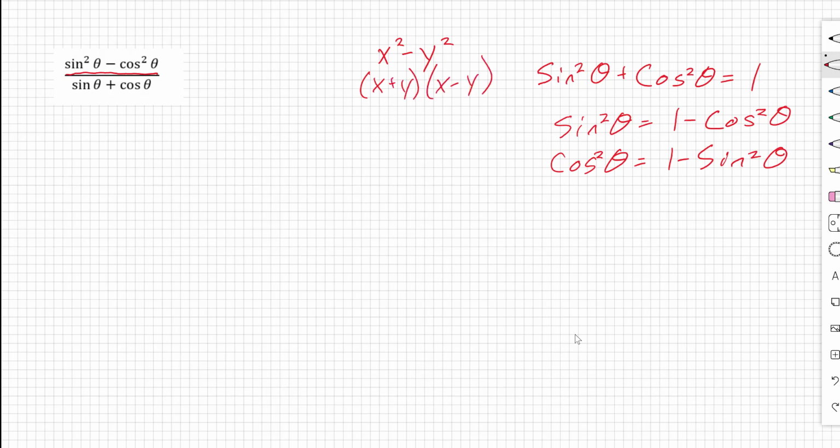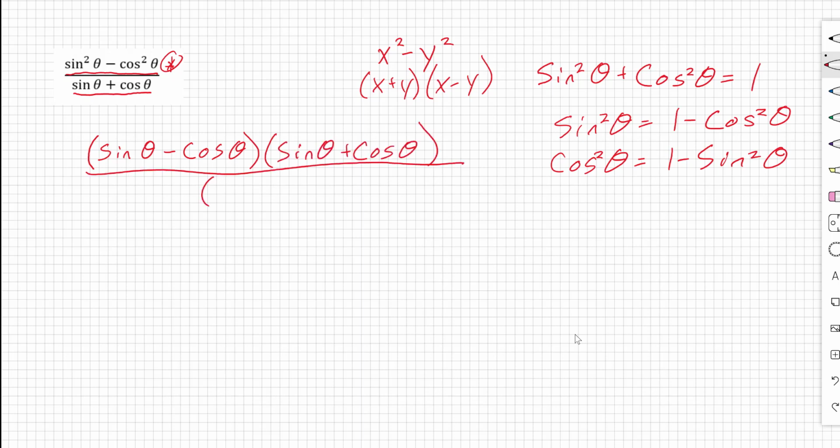Difference of two squares. So I'm going to look at this numerator, the sine squared theta minus cosine squared theta, and the fact that the denominator is sine theta plus cosine theta, and that gives me the idea that maybe I want to factor this into sine theta minus cosine theta times sine theta plus cosine theta, all over sine theta plus cosine theta.